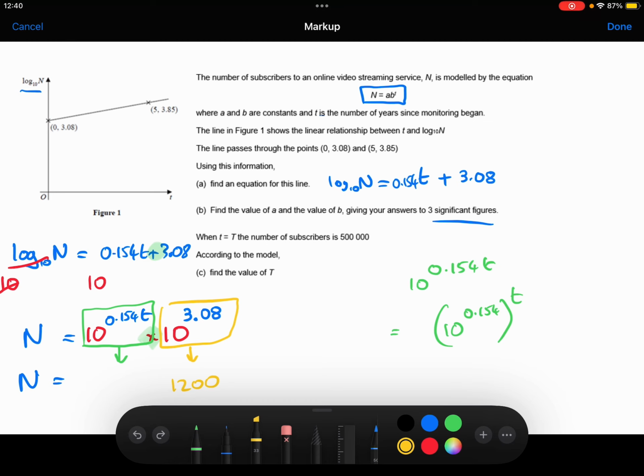And that's useful because I can now put the 10 to the power of 0.154 into my calculator. So 10 to the power of 0.154 is 1.42 to 1.43 to 3 significant figures. And that's the power t.